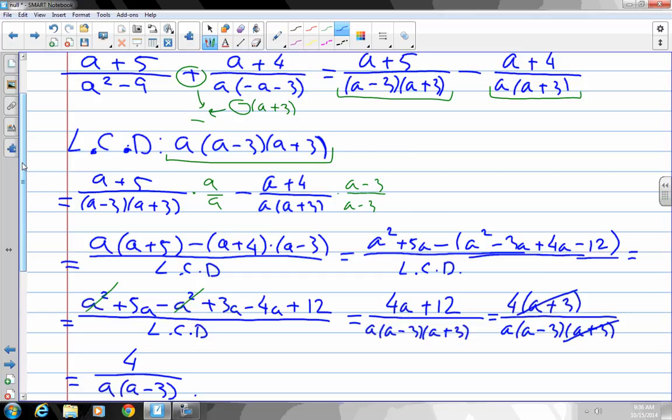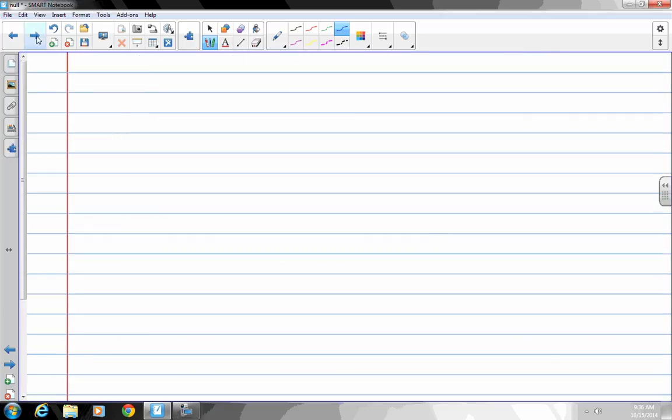All right. Here's another one. n over m squared plus 2mn plus m minus 2n over 4mn.